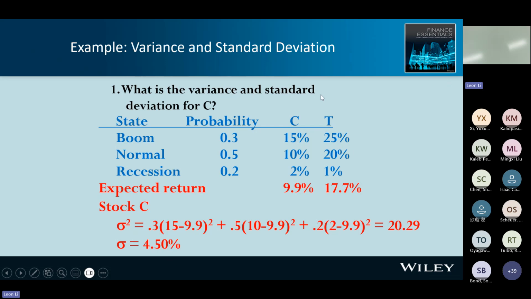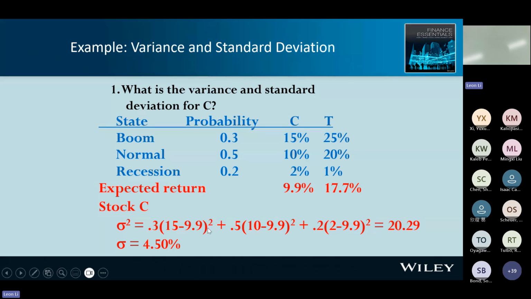Let's focus on stock C first, right? So you can see first I calculate the deviation from ER. So 15% minus 9.9%. This is a deviation from ER, for the boom state. Next, 10 minus 9.9, deviation from ER. 2 minus 9.9, deviation from ER, right? That is step 1.